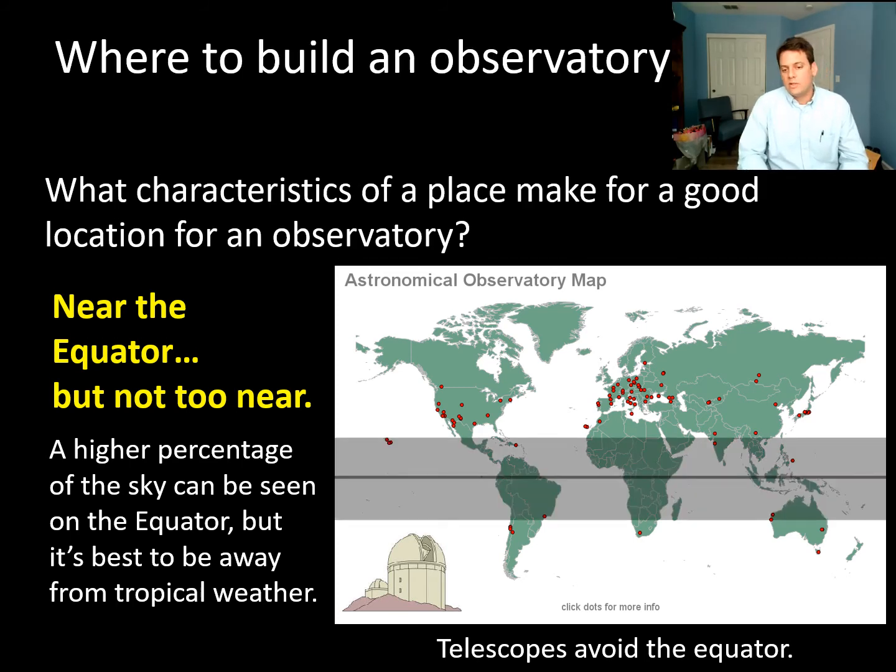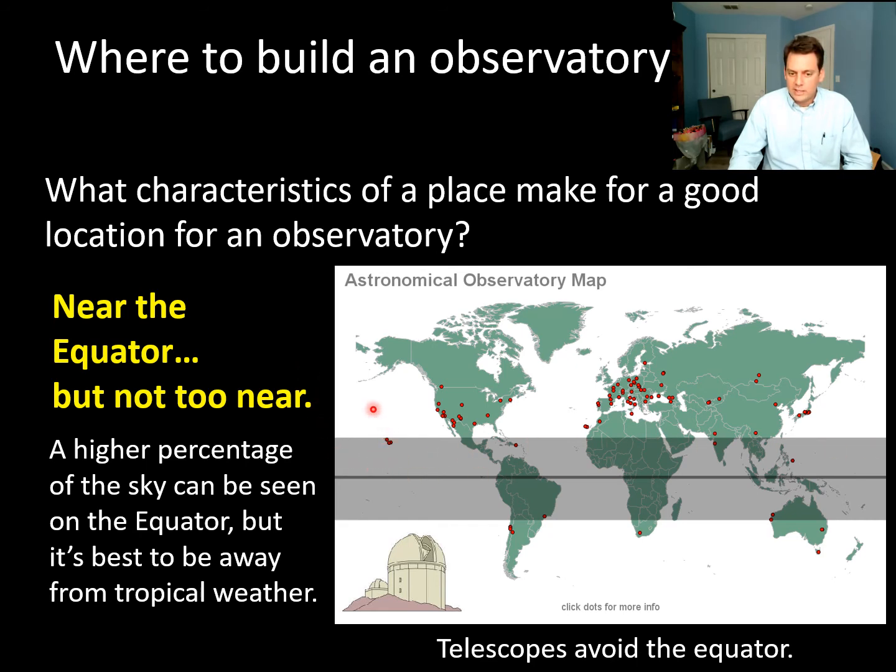And so the gray region here are the tropics, between the Tropic of Cancer and the Tropic of Capricorn. We tend to stay outside of those, so these red dots just represent particular observatories around the world. You can see there are more in the United States and Europe than elsewhere. There are a few scattered around the world, though. And most of them are outside the tropics.